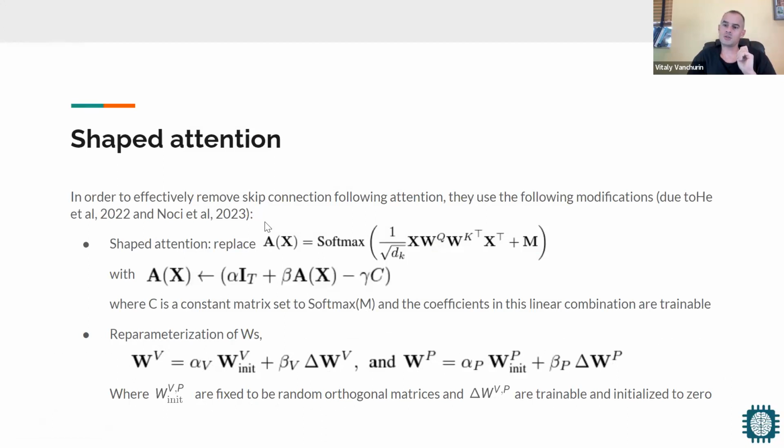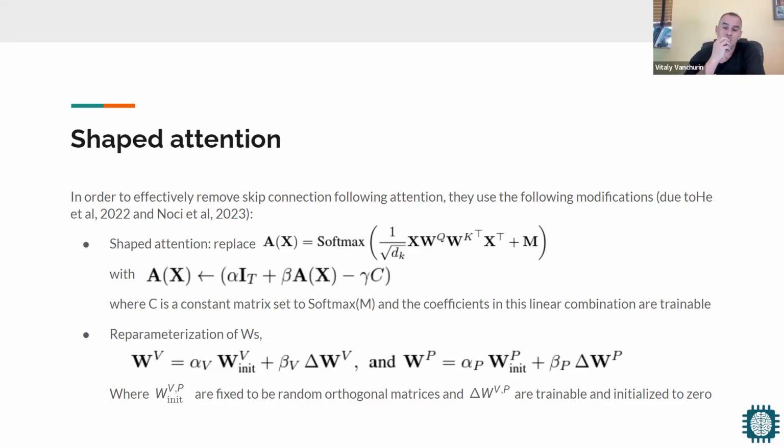Are these the initial ones? So they're going to be completely gone, not just non-trainable, but replaced with identity. Deltas gone or initial gone? Yeah, so they're going to replace WV and WP by identity matrix, basically. And this was an argument for how they can get there.